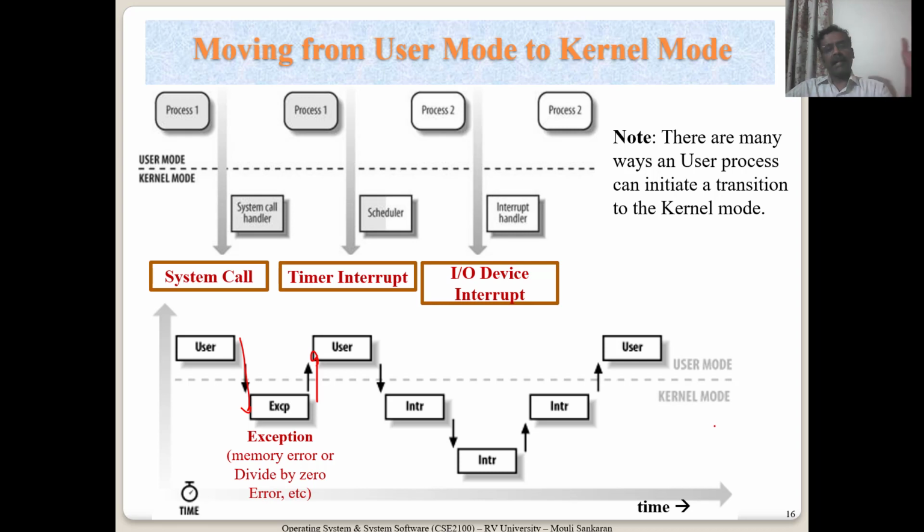The pointer is pointing at some random location outside of your user process memory area. Then the memory management unit catches it and informs the CPU that this particular process is trying to access memory which is not within its range. It can happen because you have not initialized your memory pointer. So illegal access or segmentation fault, such things happen.